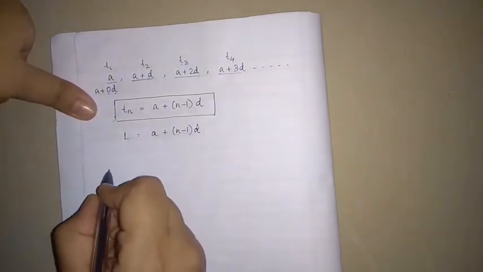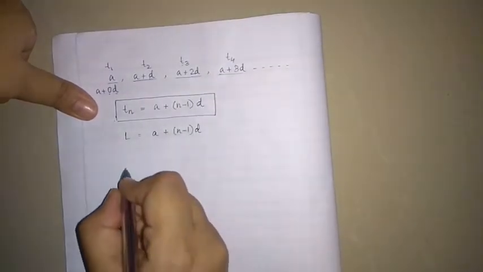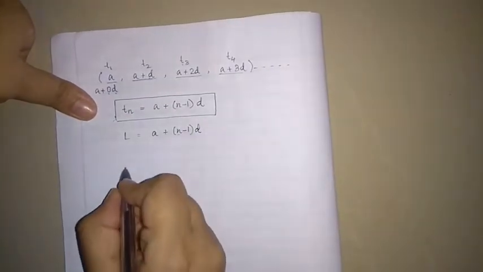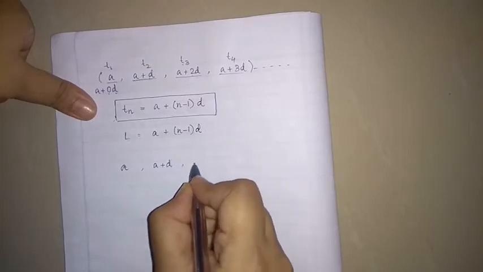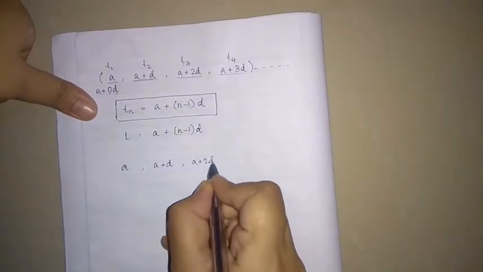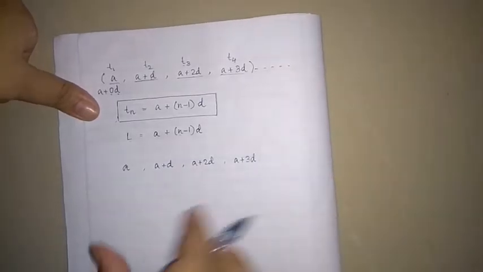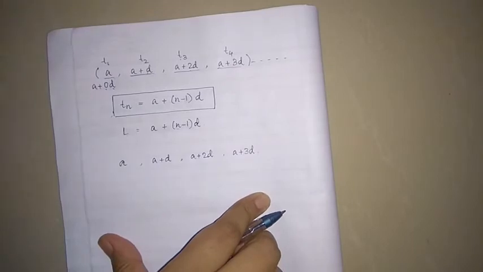Now suppose you are given this series and you have to calculate the sum. Suppose this series is from here till here. So we have a series a, a plus d, a plus 2d, and a plus 3d. First I'll explain how we can manually calculate, and then I'll explain how to obtain the formula.